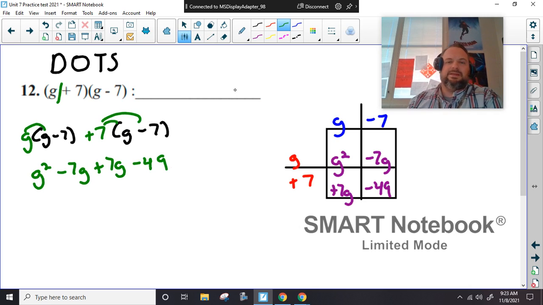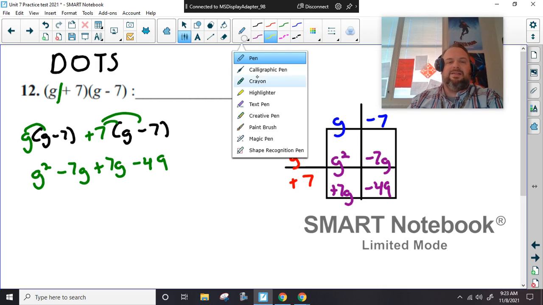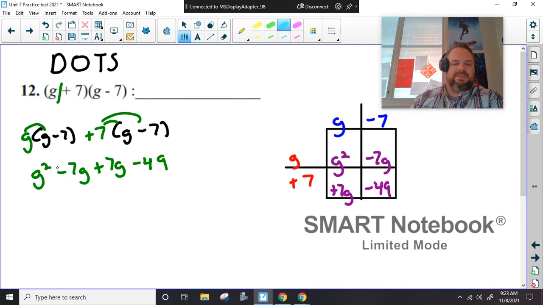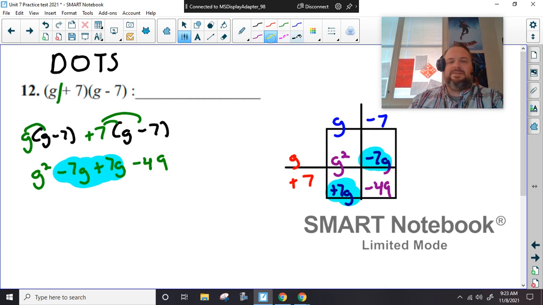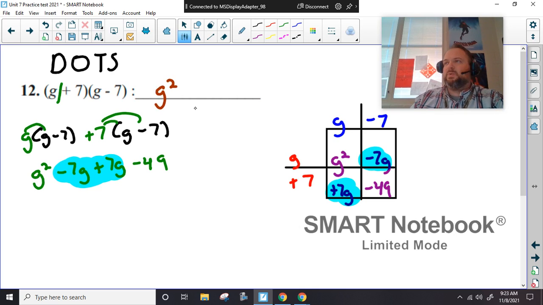Now, these terms will cancel, leaving us with just g squared, which is a perfect square. We have a subtraction, that's what difference means, and 49 is also a perfect square. That's what's called the difference of two squares.